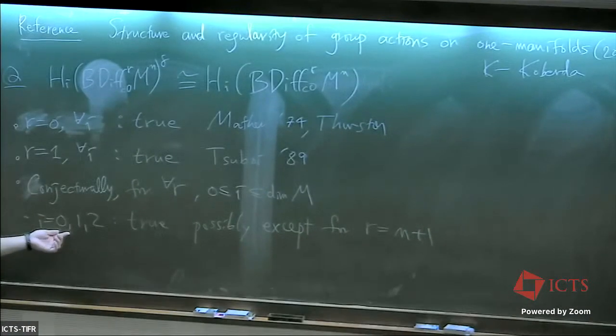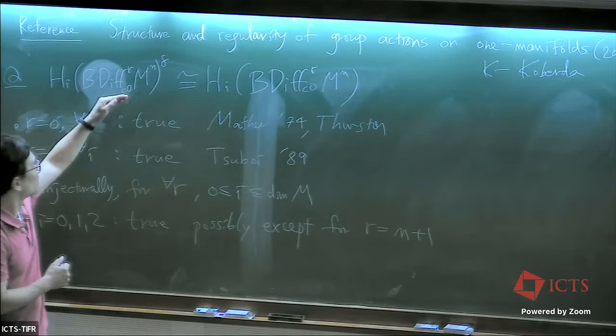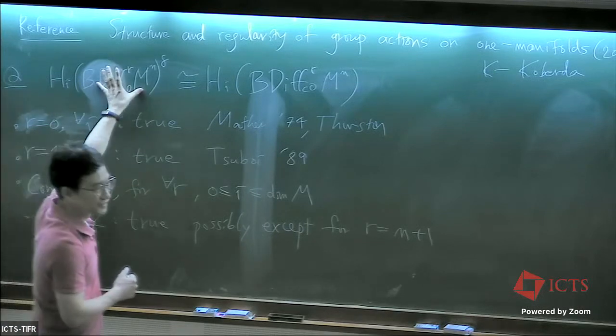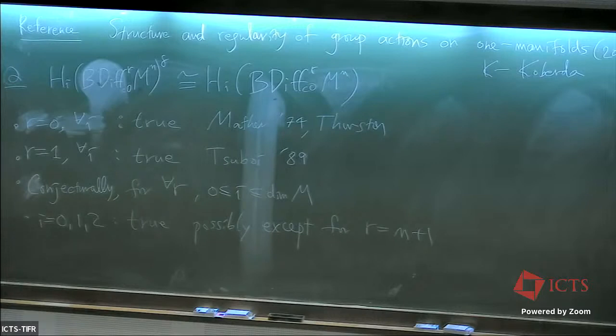Because, well, how do you prove such a thing? You consider this homotopy fibration sequence. There is a trivial map from this discrete group into the topological group, which is a continuous map, and you put it in some fiber sequence and compute the homology group. And simplicity is a very useful tool to compute the 0, 1, 2 homology groups.